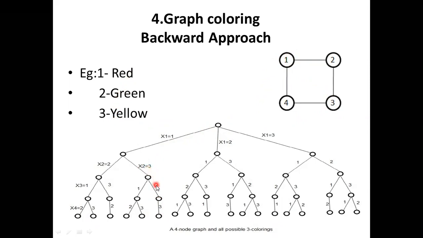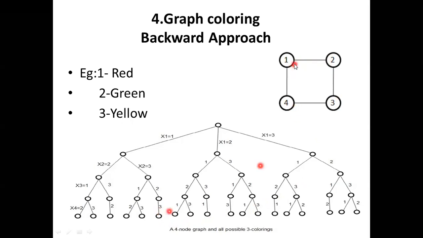Then see here, X3 is 2. That means 1, 3, 2 we used. Then there is only one option for us for X4, which is 3. Why?